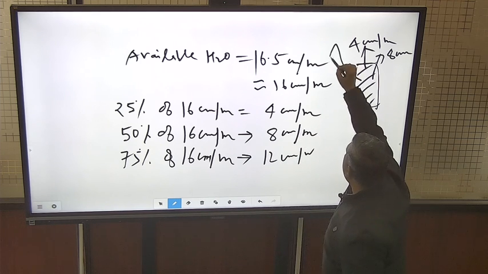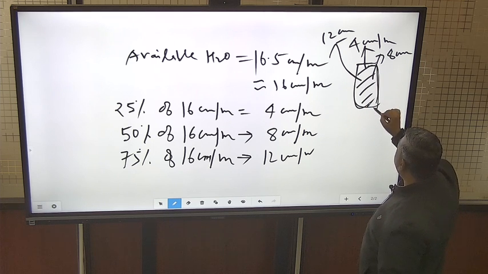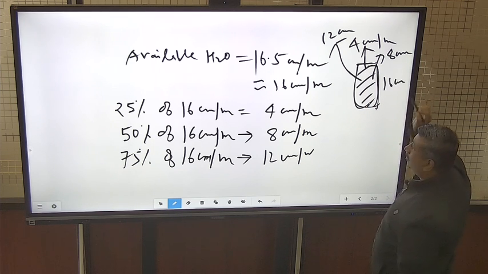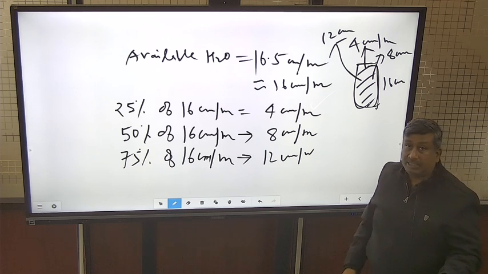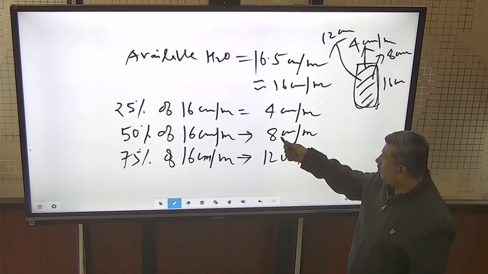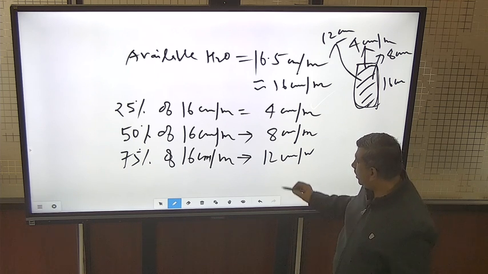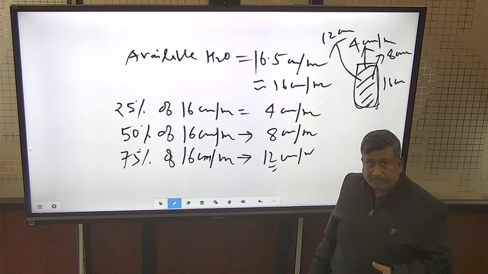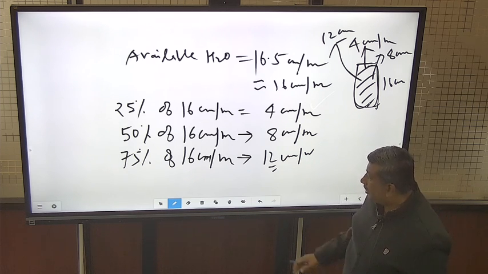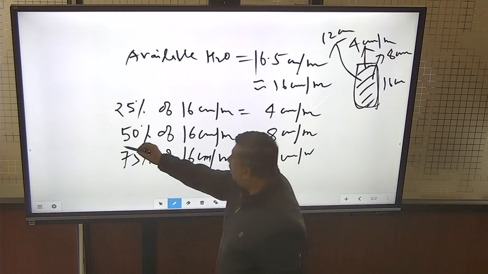So when there is a loss of 12 centimeter water, we have to give irrigation, out of 16 centimeter available. So the first is a moisture sensitive crop which requires irrigation after just 4 centimeter loss of water. The second is moderately sensitive and can tolerate 8 centimeter loss of water, and the third is drought tolerant and can tolerate 12 centimeter per meter loss of moisture. So generally crops are irrigated at 50% depletion of moisture.